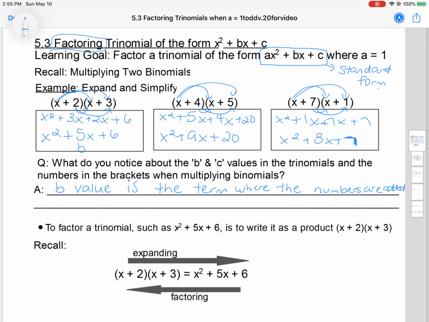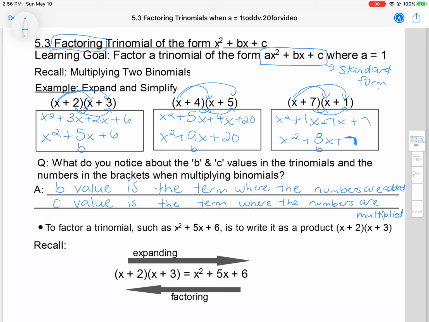So this term here, this B, we have 2 and 3 in the brackets in the first example, that adds to 5. 4 and 5 in the second brackets adds to 9, and 7 and 1 in the third brackets adds to 8. Okay, and then the C value is where the numbers are multiplied. So 2 times 3 is 6, 4 times 5 is 20, and 7 times 1 is 7.